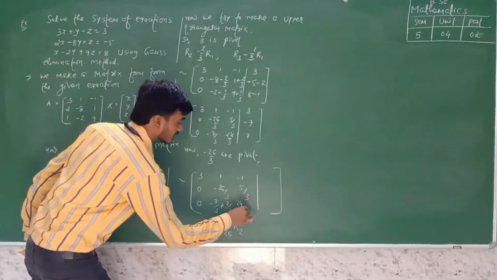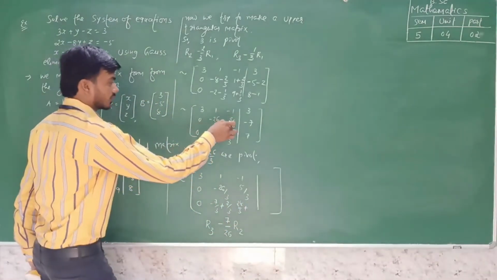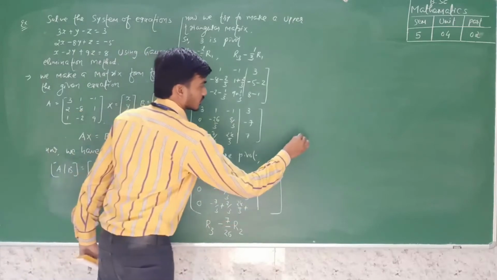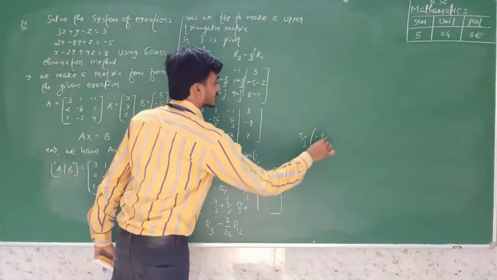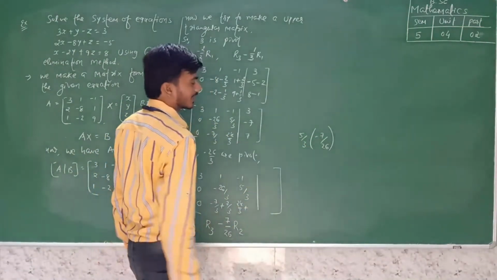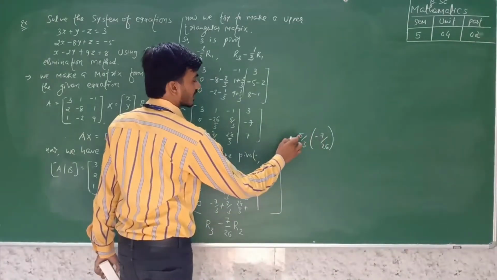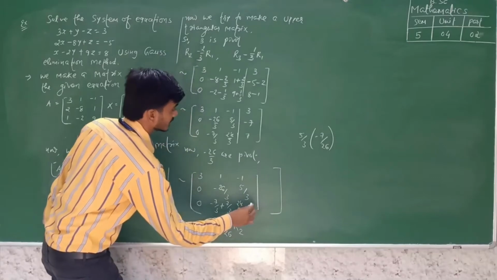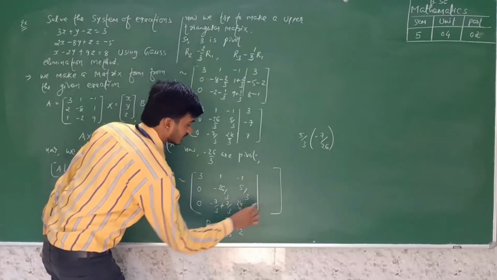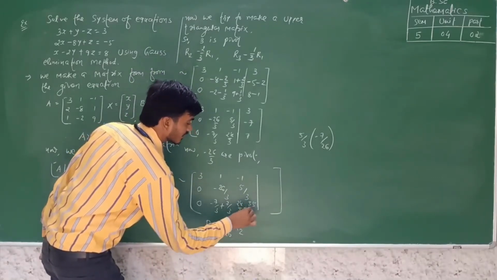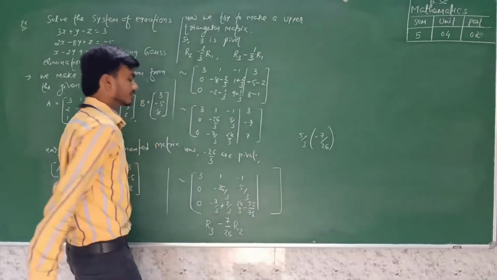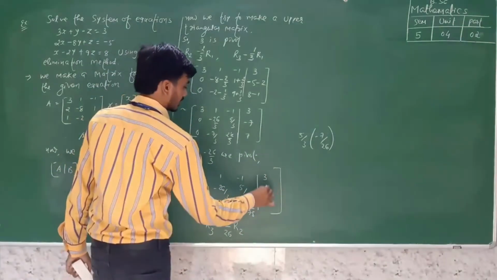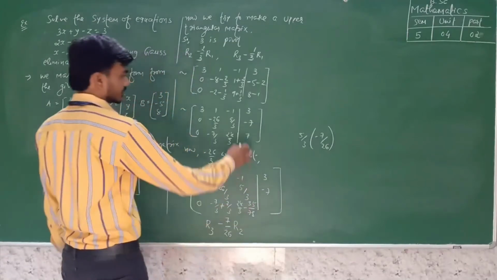28 by 3 there and will be added 5 upon 3 into minus 7 by 26, minus 35 upon 78. So this means minus 7 into 5, 35 upon 78. 3 minus 7 will be there, 7.